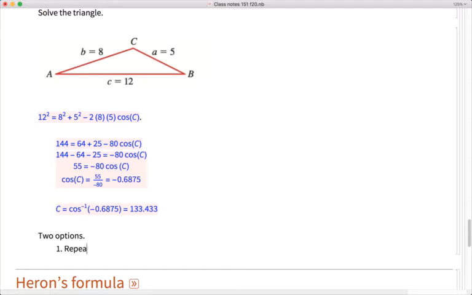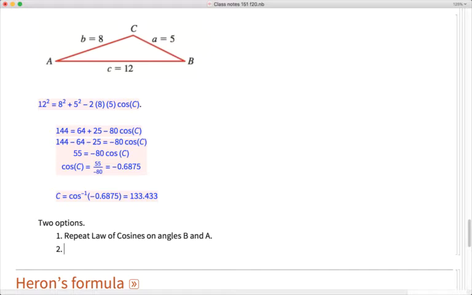Okay, so at this point you have two options. One, repeat law of cosines on the other angles, B and A. Two, we can switch to law of sines.